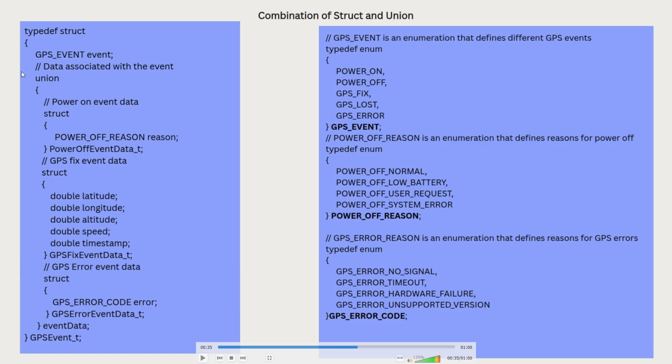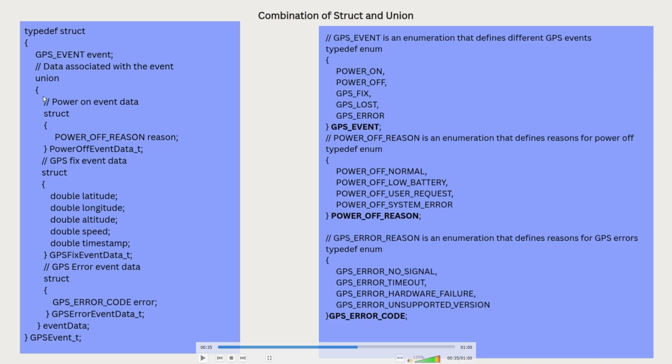Here I am combining both structure and union. The structure is GPS event. Let's say I am getting GPS events from my GPS peripheral. The GPS event type is nothing but an enum. You can see here it has events: power on, power off, fix, lost, GPS error, like this.